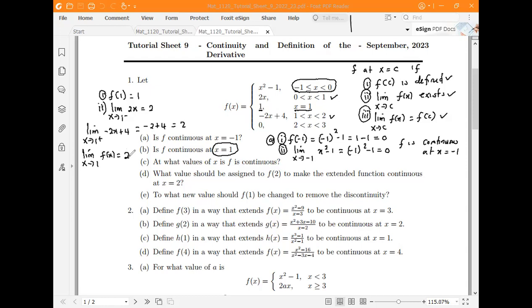So it exists and it is 2. The question is, is the limit equal to f of 1? Now we're on part 3. Part 3 compares the two. So we have the limit as x approaches 1 of f coming out to be 2, which is not equal to f of 1, which is equal to 1. This means that f is not continuous.